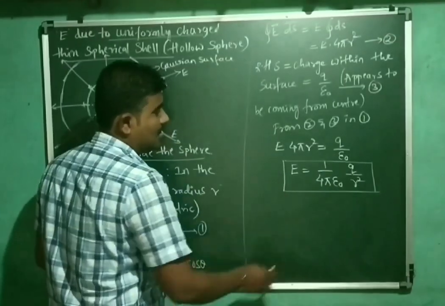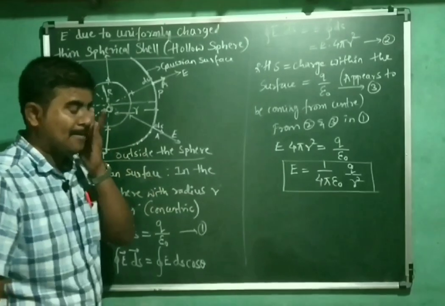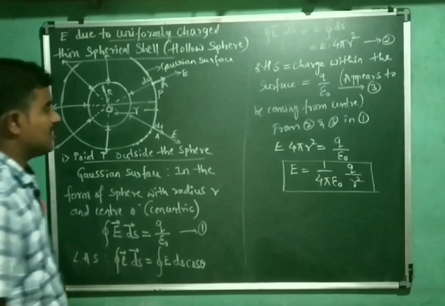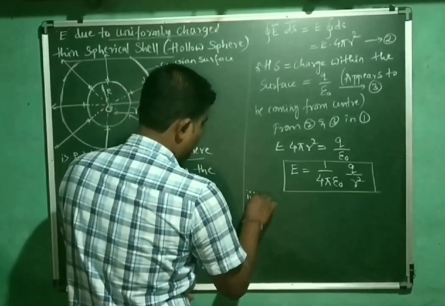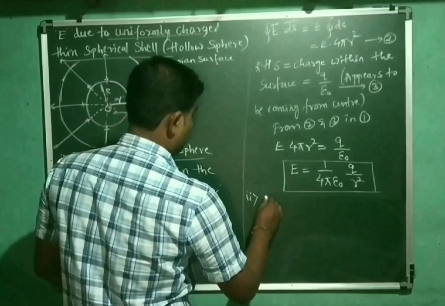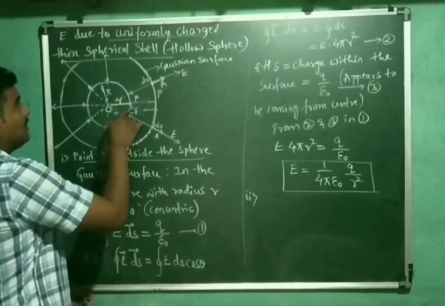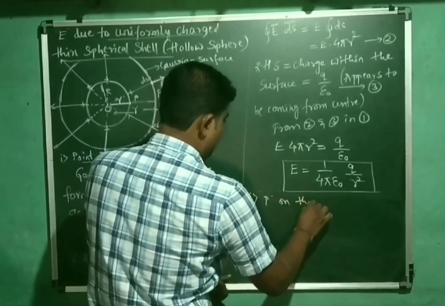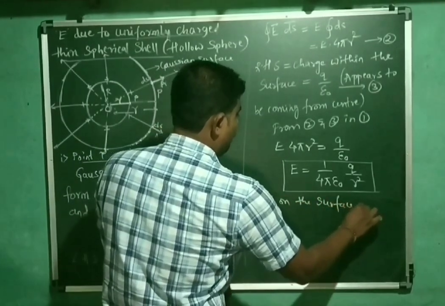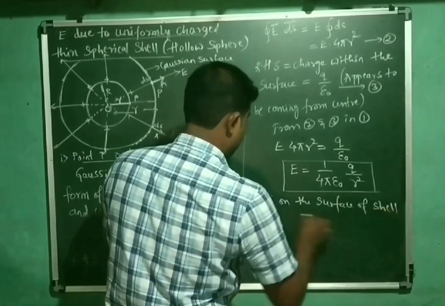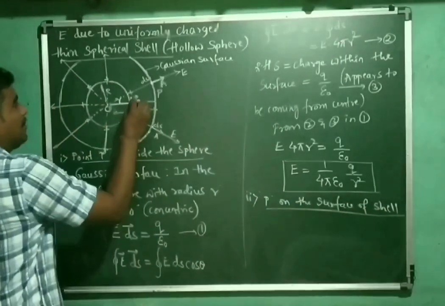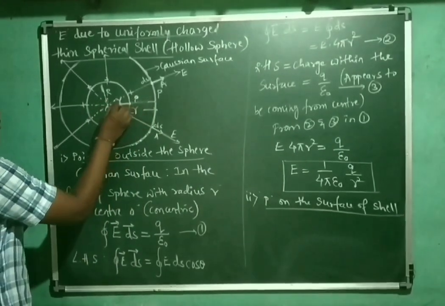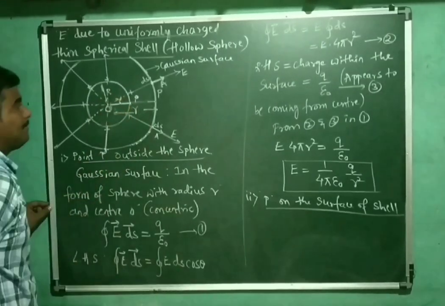This is point P outside the shell. And the second case: point P on the surface of the shell. I will write here only. If I consider point P on the surface of the shell, then the radius of the conducting sphere and the distance of point P are both the same.